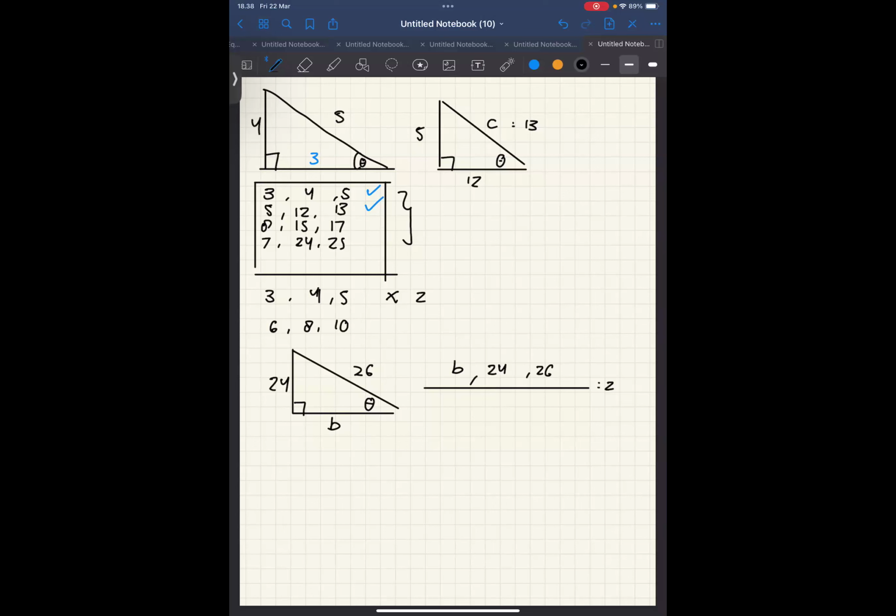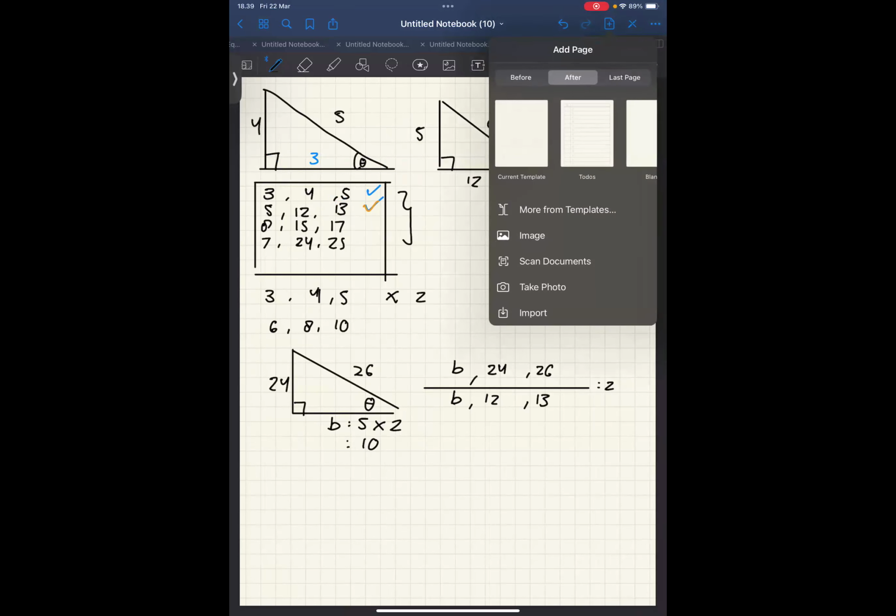We got B, 12, and 13. As we can see from here, there's a special triangle with 12 and 13. So this B should be 5, multiplied by 2, which is 10. That's all for the special triangle.